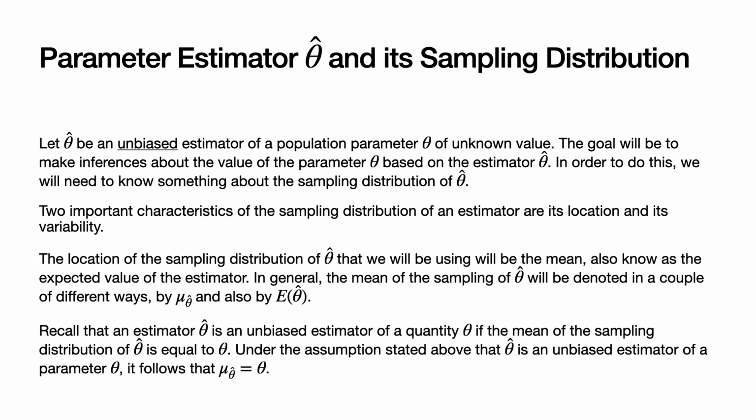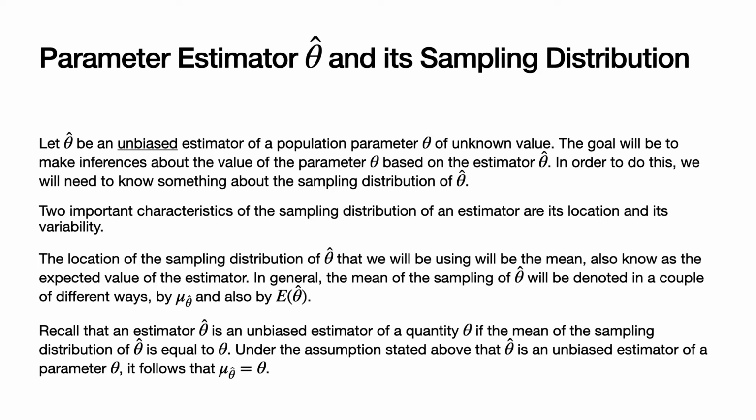Two important characteristics of the sampling distribution of an estimator are its location and its variability. The location of the sampling distribution of theta hat that we'll be using will be the mean, also known as the expected value of the estimator. In general, the mean of the sampling distribution of theta hat will be denoted in a couple of ways in these lectures and notes.